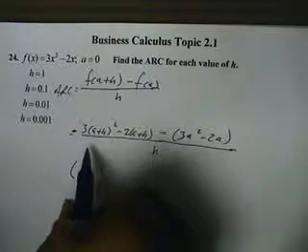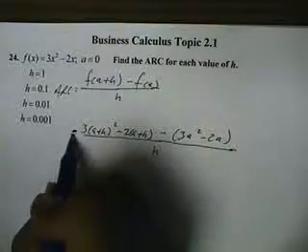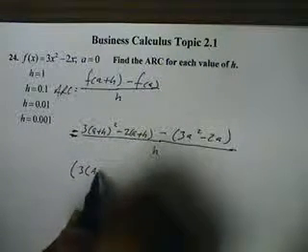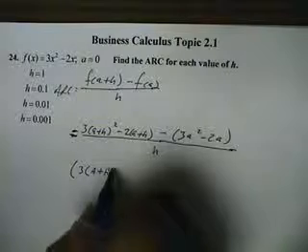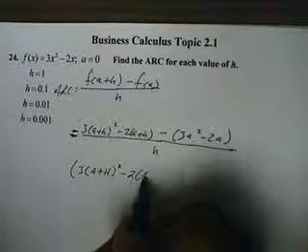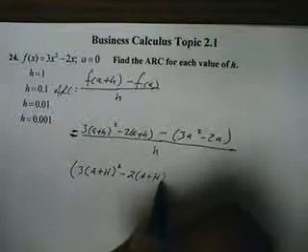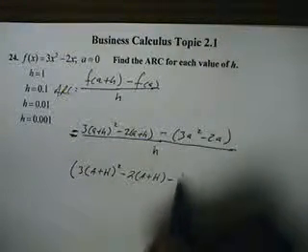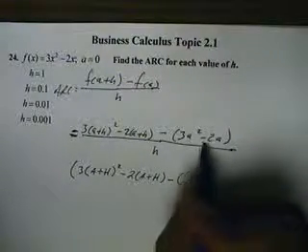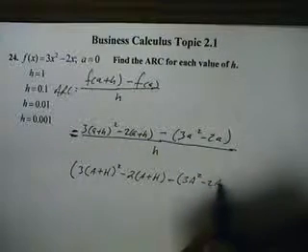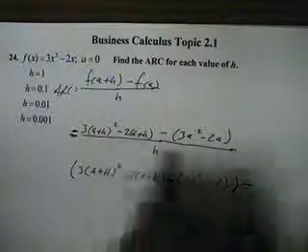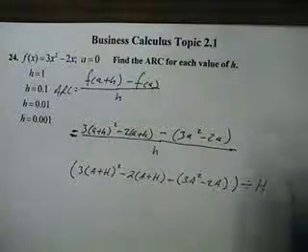Then we type in the 3, open parentheses, alpha a plus alpha h, close parenthesis, square, minus 2, open parentheses, alpha a plus alpha h, close parenthesis, then minus, open parenthesis, 3, alpha a squared, minus 2, alpha a, close parenthesis, then close numerator. Then we hit the division symbol and put in alpha h.